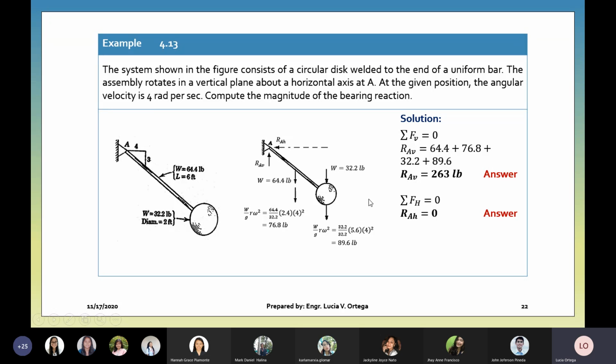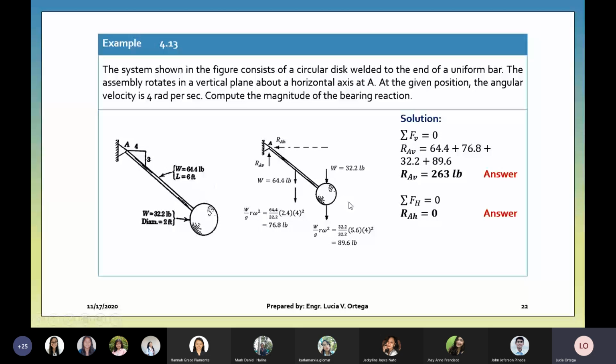What is the equivalent distance up to the axis of rotation? Or that is vertical, sorry. The radius is vertical because the axis is horizontal. So it's 5.6 times 4 square, so 89.6.